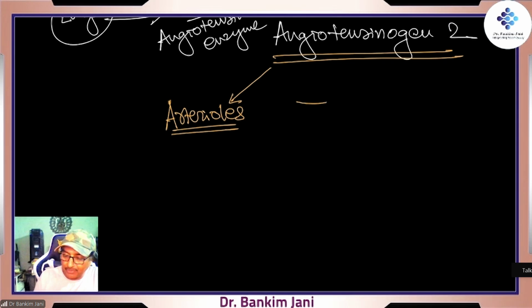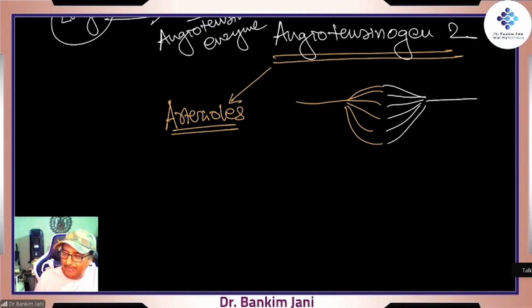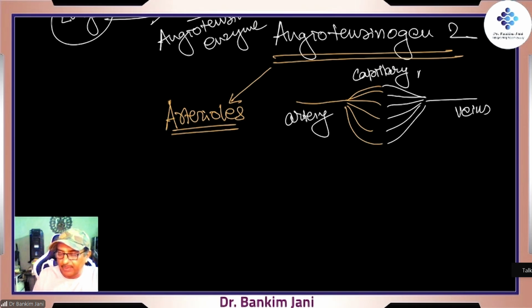We have got the artery, it divides into all those small vessels, and then they again form veins. So these are the veins, and here is the artery. In other words, this whole thing is called the capillary bed.